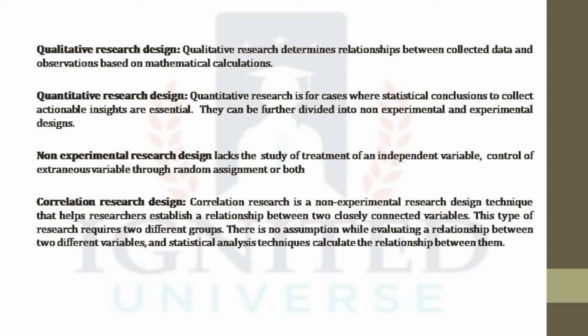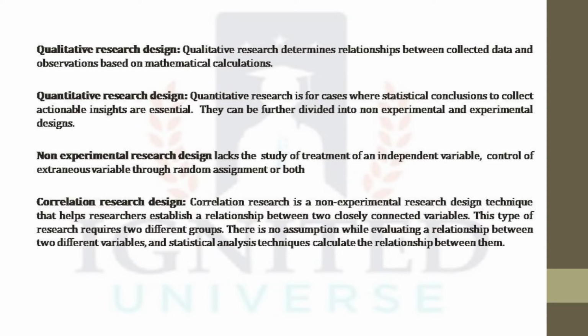The advantage of this type of research design is that there is no assumption while evaluating a relationship between two variables, and statistical analysis techniques can calculate the relationship between them. For example, the understanding of the relation between demographics and say some other attribute like voting preference can be portrayed using correlation research designs.